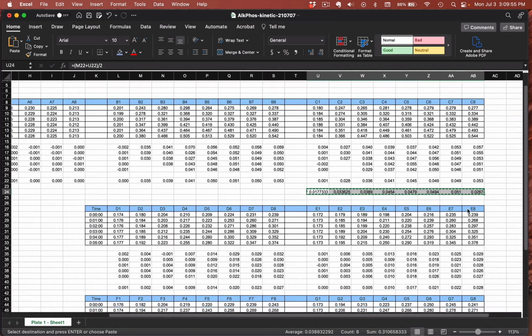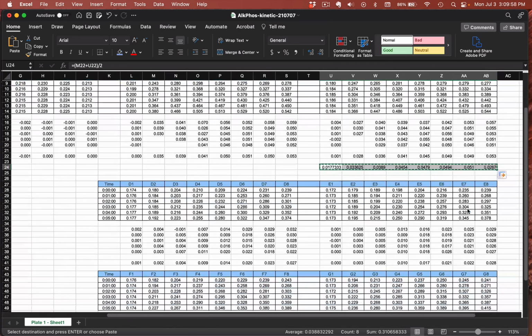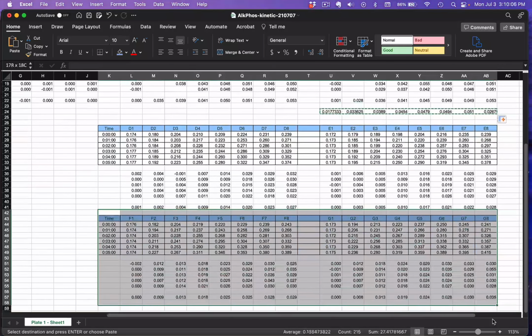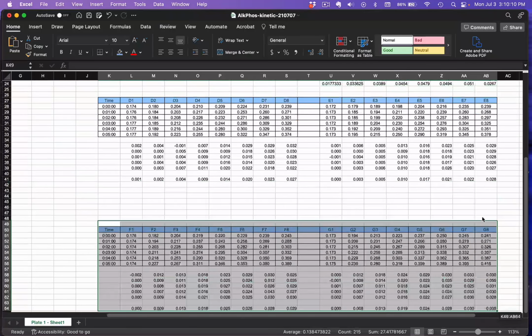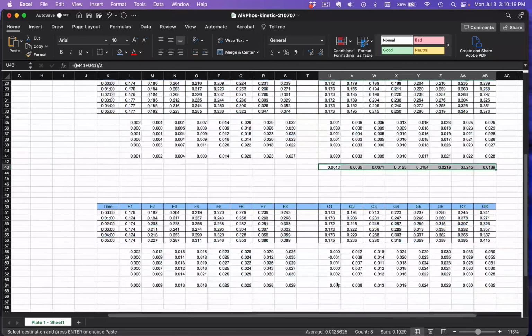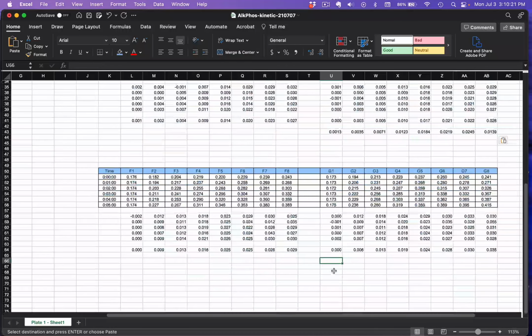And I don't have any space. Hold on. We need to go down here and make a little bit more space. Okay. So now if I could just copy this and put it down there, and then we'll do the same down here. Now I've got the averages for the two different data sets.